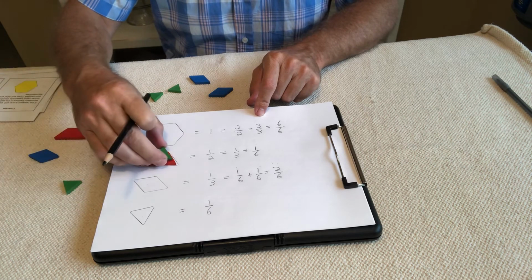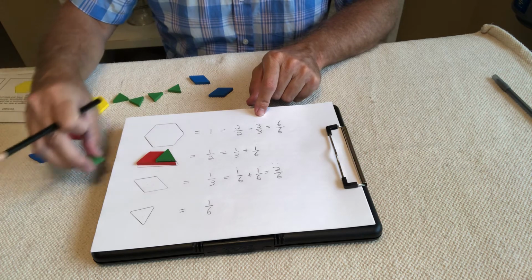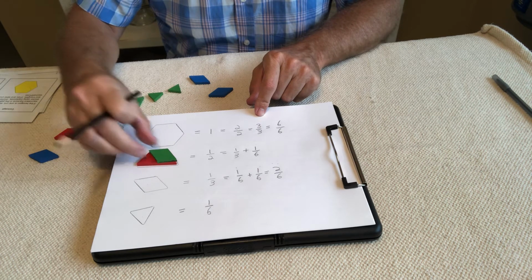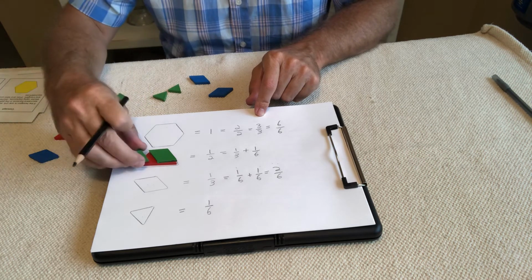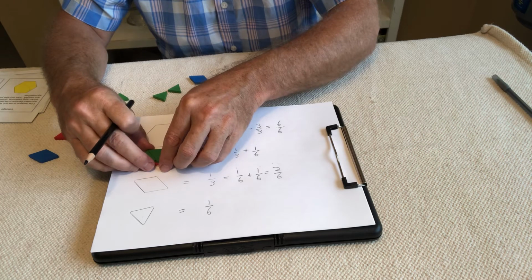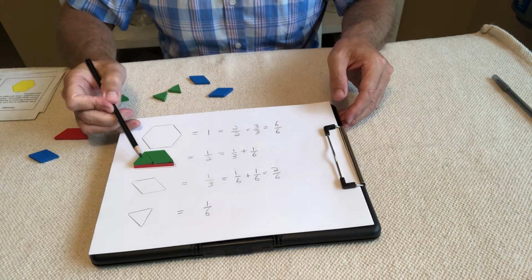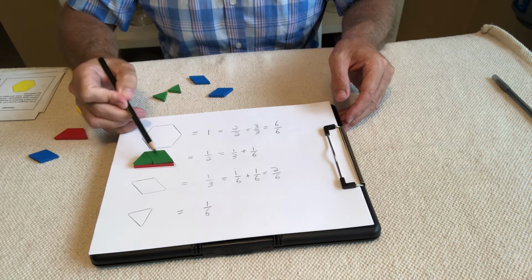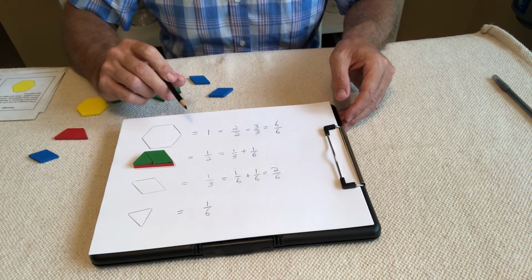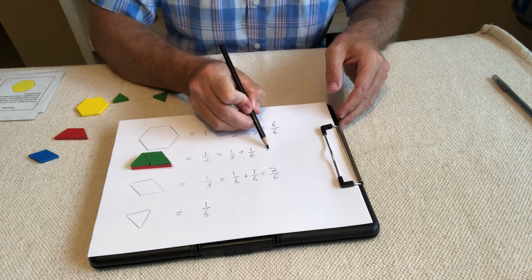So what about this? What if I put the sixths, oh I see, onto the halves? Look how that works. That fits. You see that? So 1/6 and another 6th and another 6th, 1, 2, 3 sixths also makes a half, right?